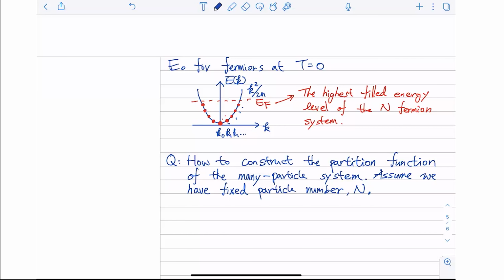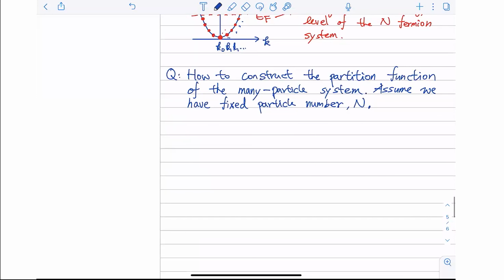So we can try to switch our notation a little bit. At first, we can say that we have one particle sitting at k_0, and maybe the second particle is sitting at momentum k_1, and maybe the third particle sitting at k_2, etc. And maybe we have the nth particle which is sitting at a certain momentum k.